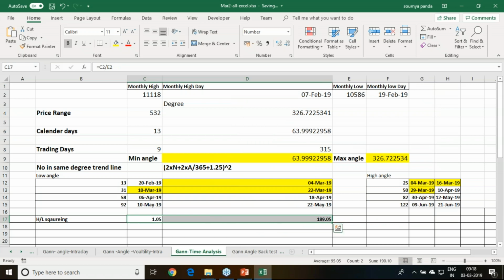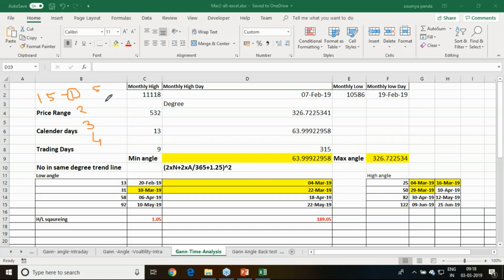So these two factors we have got. Again I repeat: as per yesterday's session, 15 degree is the smallest cycle, 30 degree will be the second, 45 degree the third, 60 degree the fourth, 75 the fifth, and 75 plus 15, 90, the sixth cycle. So 180 will be the 12th cycle.